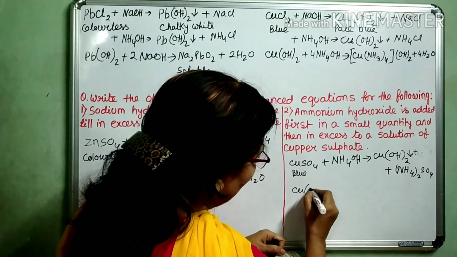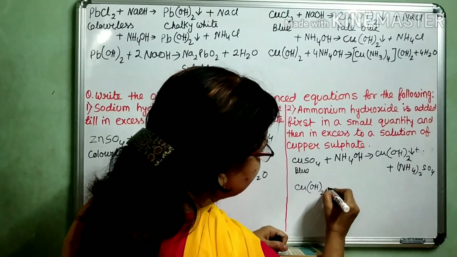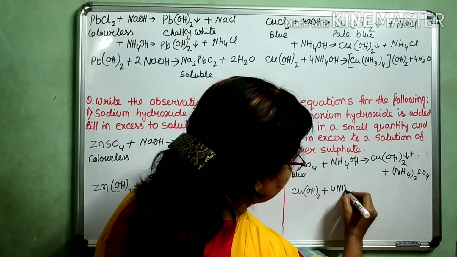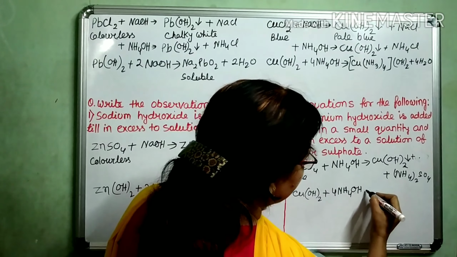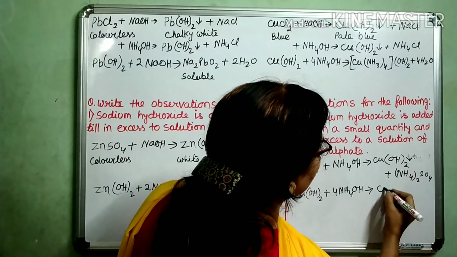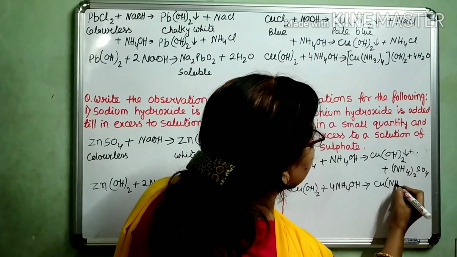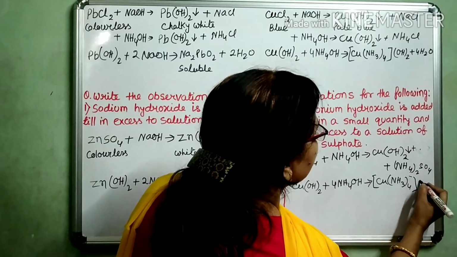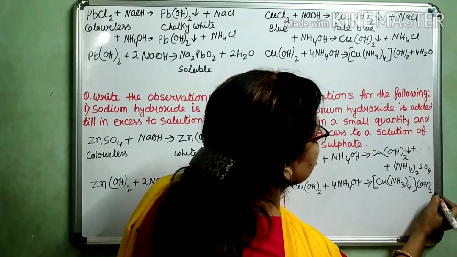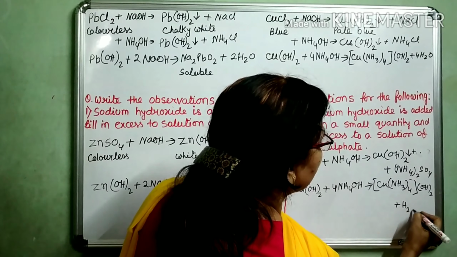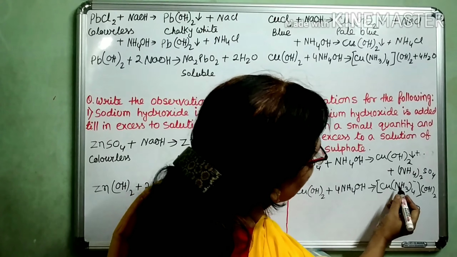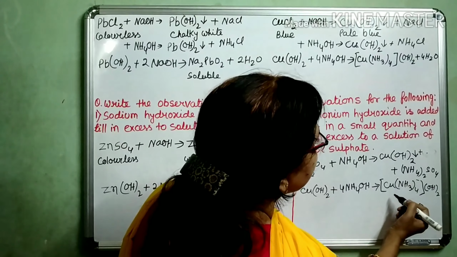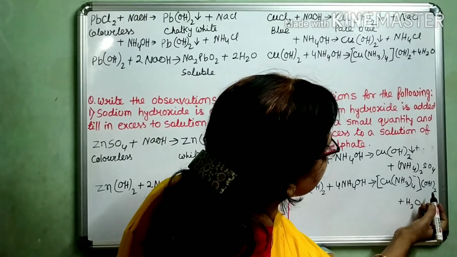Then Cu(OH)2 plus excess NH4OH gives Cu(NH3)4(OH)2 plus H2O. A deep blue soluble, clear solution is formed. This is known as tetraamine copper hydroxide.